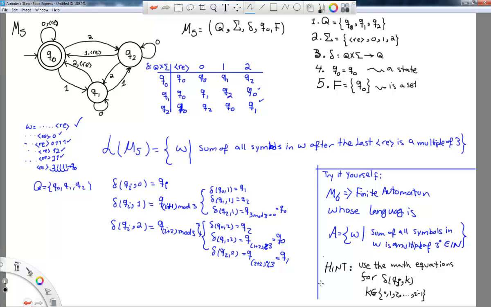And in the next unit, we will formally define the computation. We would formally define what it means to compute, using a finite automaton, of course.